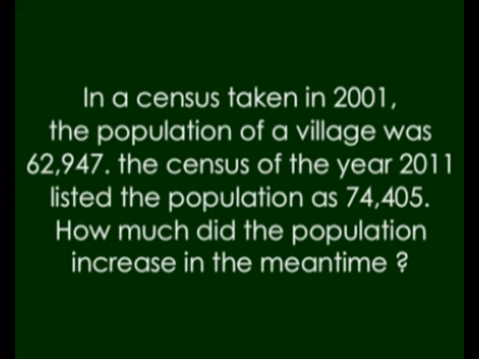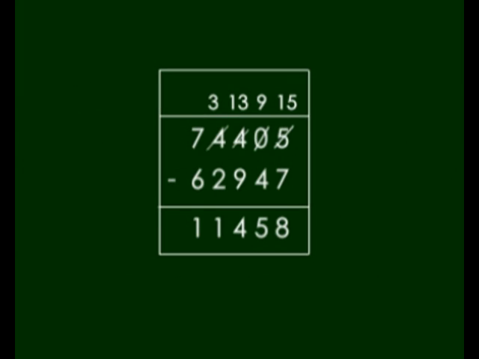How much did the population increase in the meantime? So 74,405 minus 62,947. So the answer we get is 11,452.